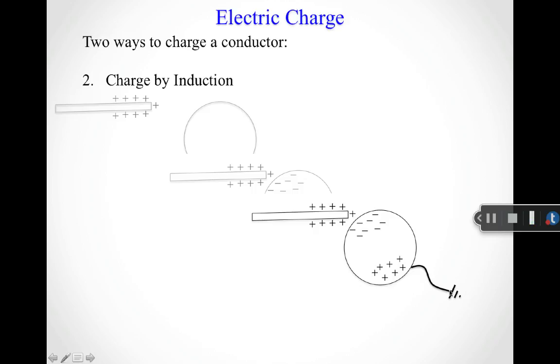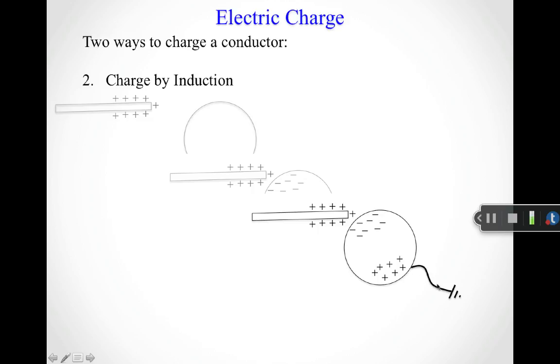This time we're going to attach a ground to the far side. This symbol, where you see a series of lines that get smaller as you go away, is the schematic representation for a ground. What a ground does is provide a source for electrons if you want them, or a place for electrons to go if you don't.